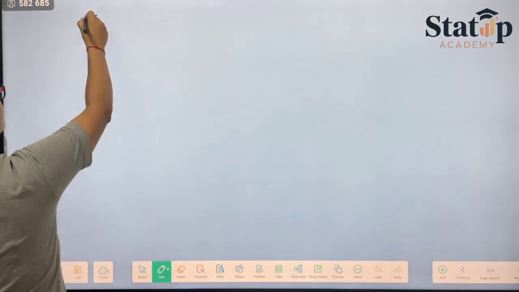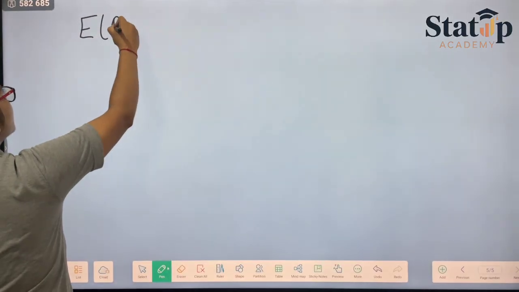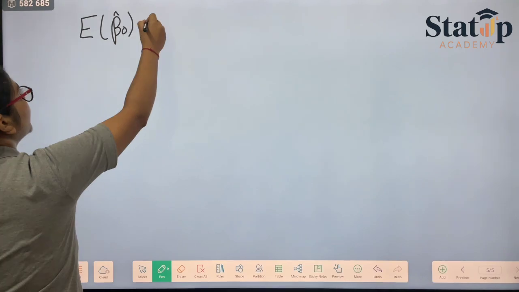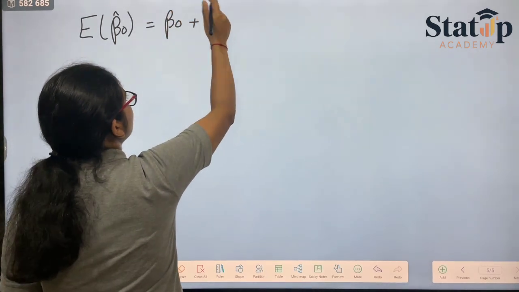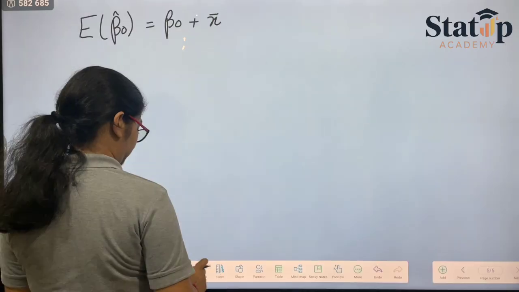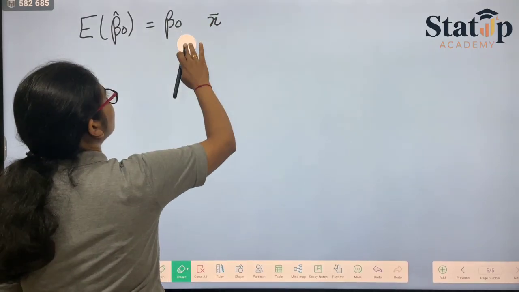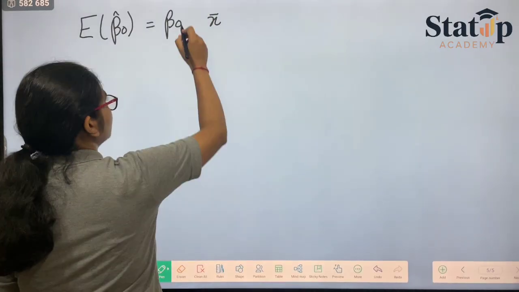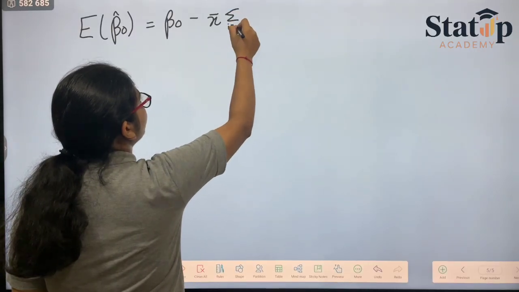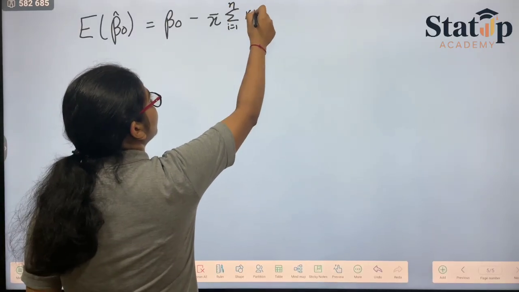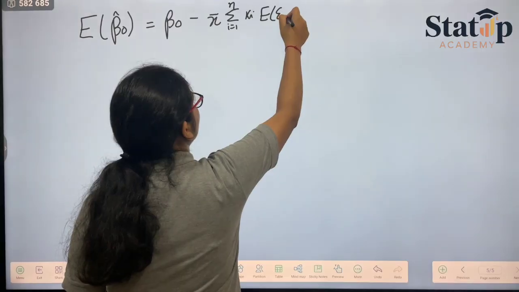So our expectation of beta naught cap becomes beta naught plus x bar, sorry, minus x bar summation i goes from 1 to n ki expectation of epsilon i.